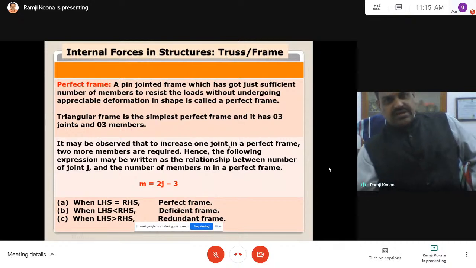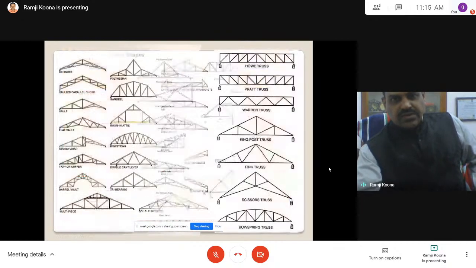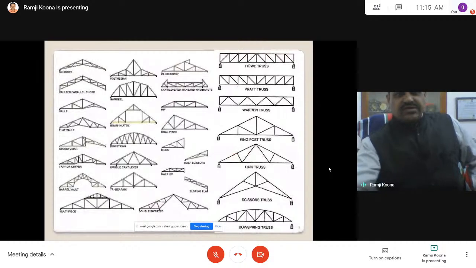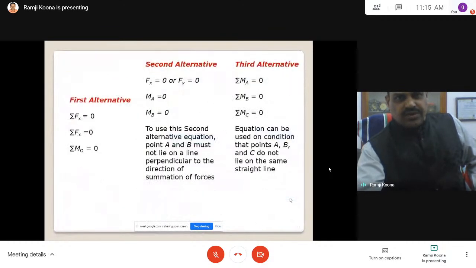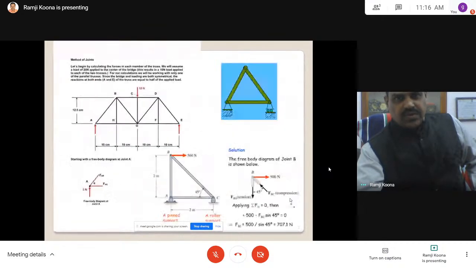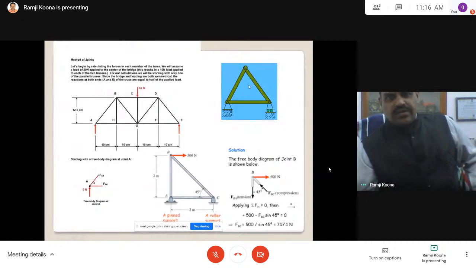Suppose you are considering a 3-dimensional truss, here I will show. These are some of the truss shapes. We will come to this point. Let us consider this is the truss. Now this is one joint, this is the second joint, this is the third joint. 3 joints, 3 members.